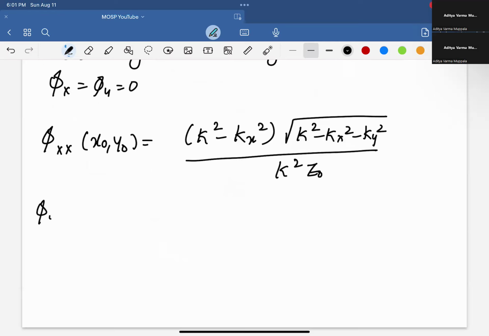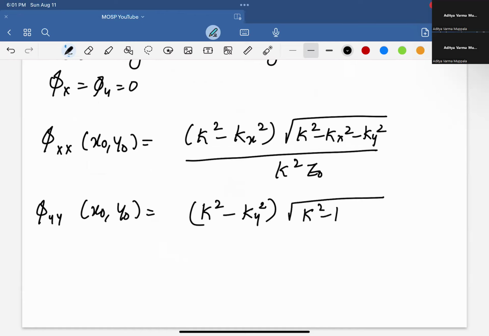Similarly, phi yy, from symmetry, is k squared minus ky squared times square root of k squared minus kx squared minus ky squared over k squared z naught.